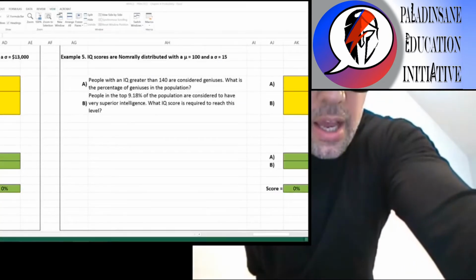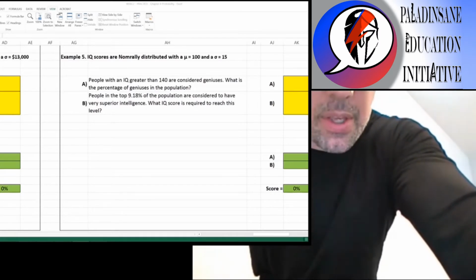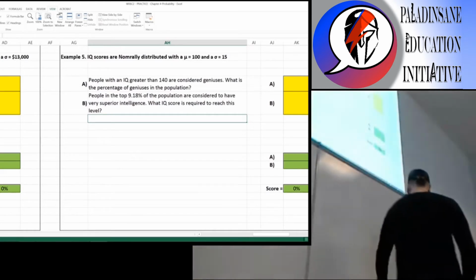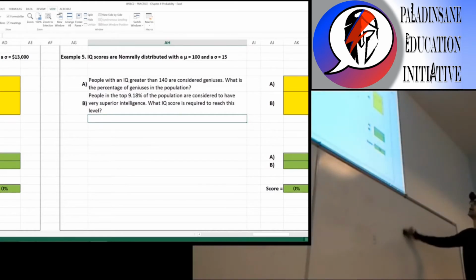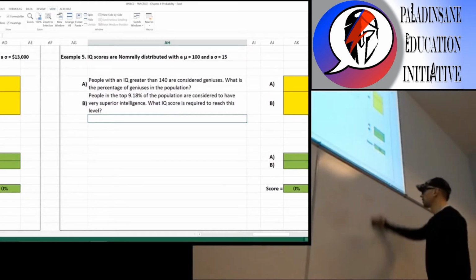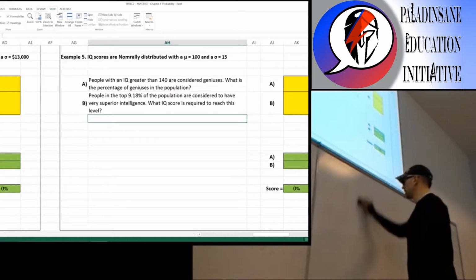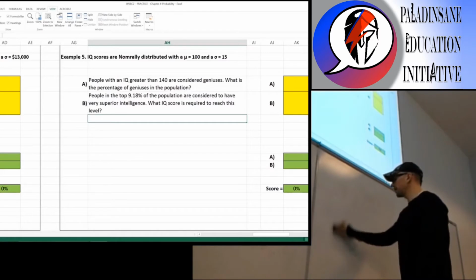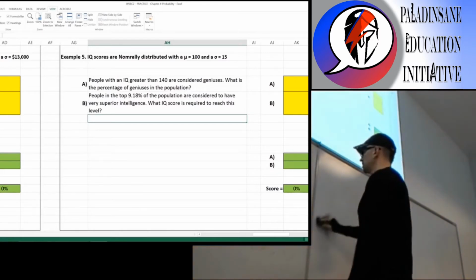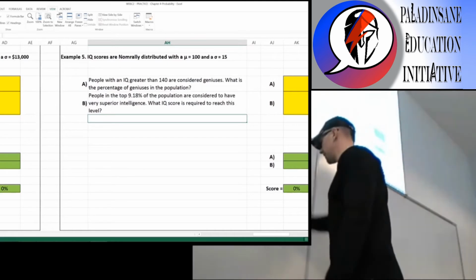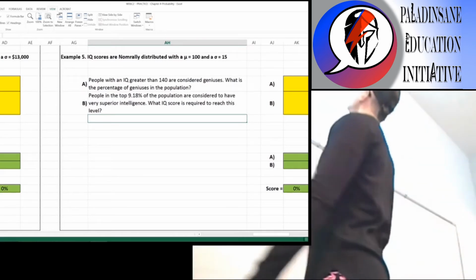So let me bring up this question. There it is. And let's give this a shot. IQ scores are normally distributed with a mean of 100 and a standard deviation of 15. So that is the standardized scores for an IQ test in the United States.